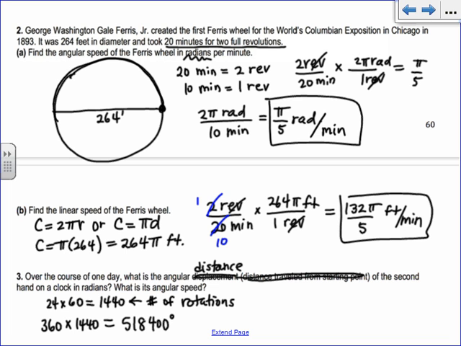So it'd be 518,400 degrees. I guess I don't need per, whatever. I'm just saying how many degrees has it rotated, right?